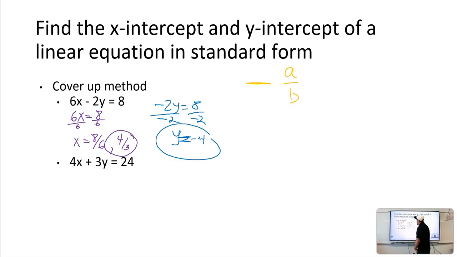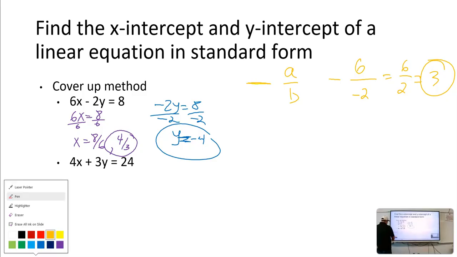So in the a position was the 6, so we're going to do negative 6 over, and the b position was negative 2. So that turns into a 6/2, which is a slope of 3. So for this equation, I have an x-intercept of 4/3, a y-intercept of negative 4, and a slope of 3.